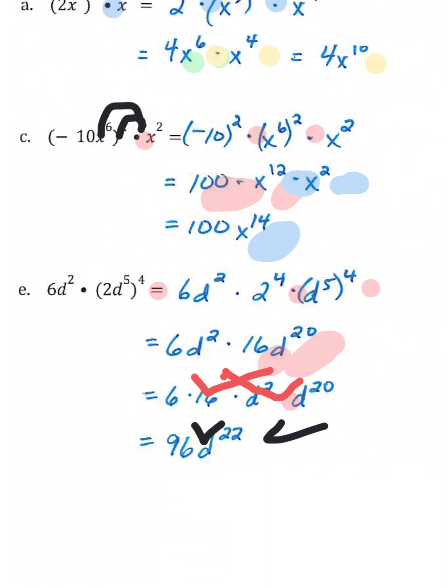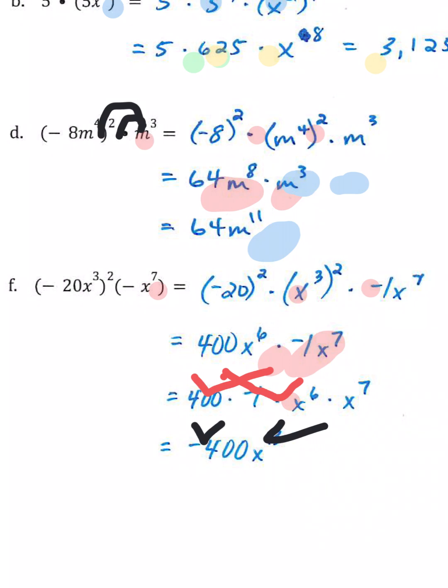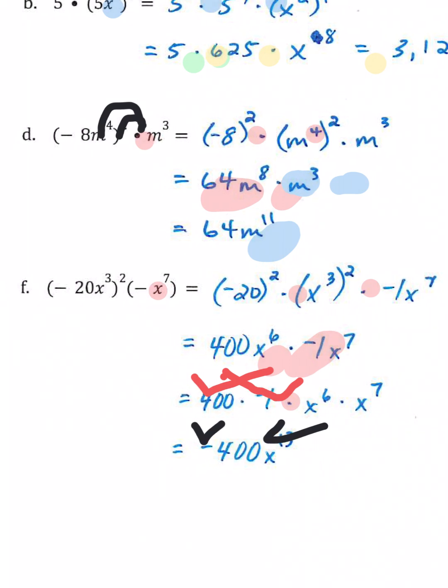Okay, we have one more example to look at. Let's slide over to example F, and I will erase this screen, clean this up a little bit. Example F, let's look for that exponent that is on the outside, meaning this 2 right here.